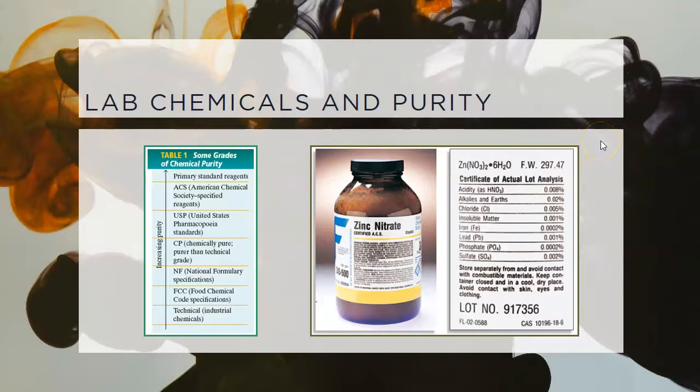So the last thing we want to talk about with this section, they throw it in here, is about the purity of the chemicals. And we might assume something is totally pure, but there's different grades. There's different grades for food standards and lab standards. You might see the level of purity be different for what we order in the lab here in our district versus what you might go buy at Walmart.